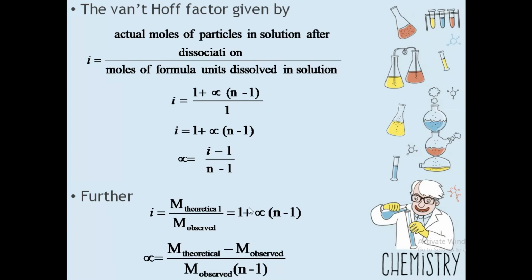Using this we can find the degree of dissociation as alpha equals (M theoretical minus M observed) divided by M observed (n minus 1). This is the degree of dissociation.